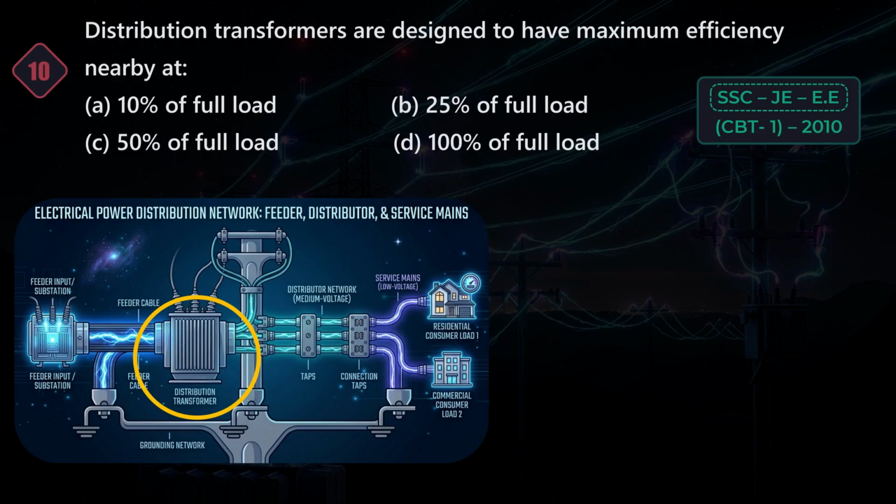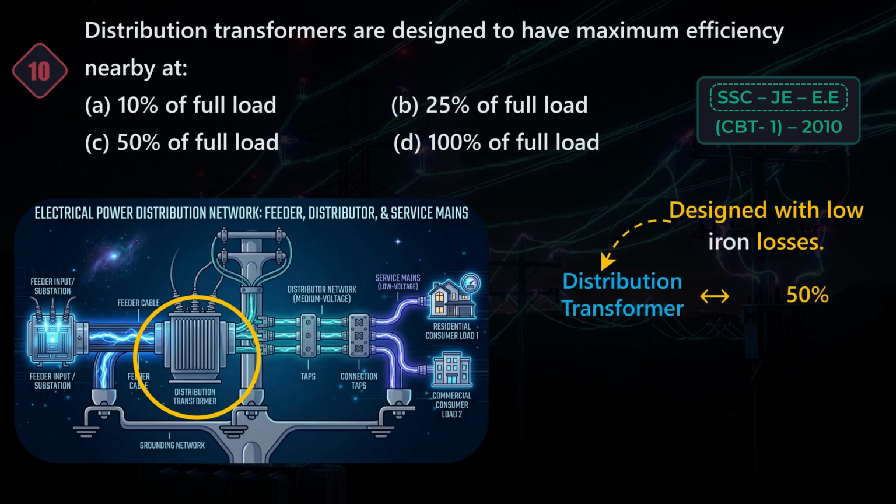Therefore, we can say the average load on a distribution transformer over a 24-hour period is typically between 40% to 70%. Hence, we design them to reach peak efficiency at approximately 50% of their full load. This ensures the highest all-day efficiency. Now, distribution transformers attain maximum efficiency at 50% of full load, and they are designed with low iron losses.